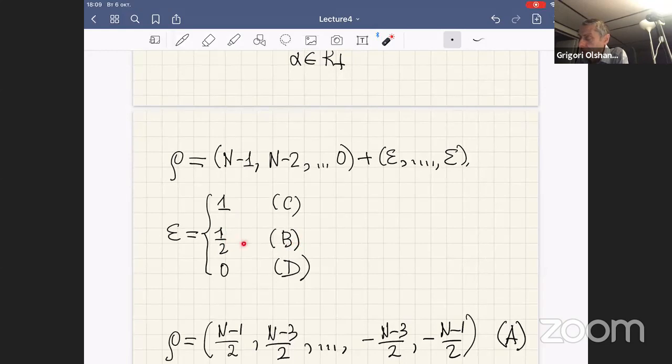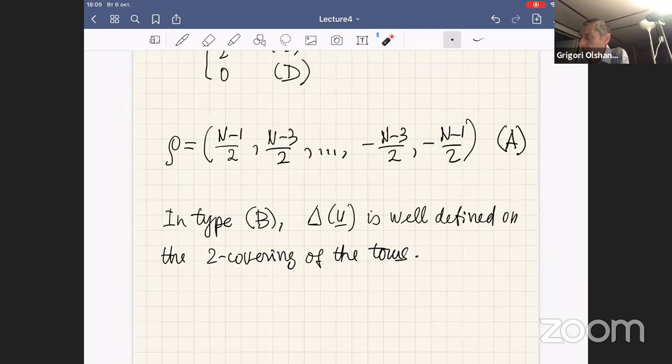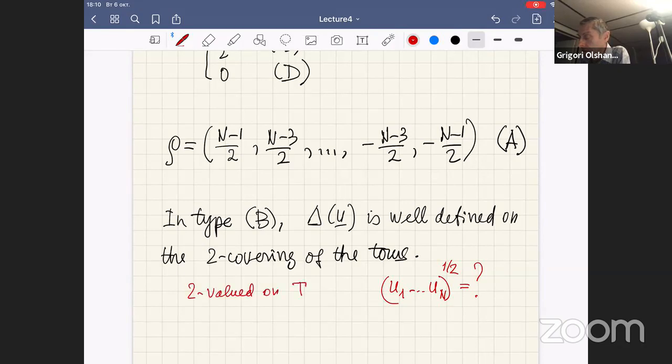For the CBD case, only type B presents some ambiguity, because in this case, we have integral coordinates, but still 1/2, 1/2, 1/2. So in type B, you have to give meaning to this expression. What is this? This is a two-valued function on our torus.